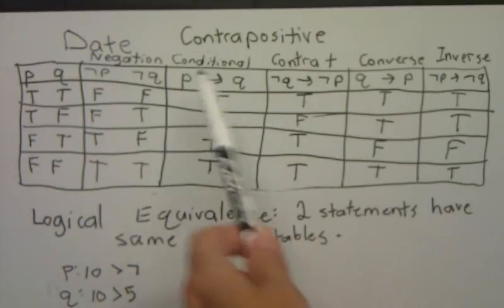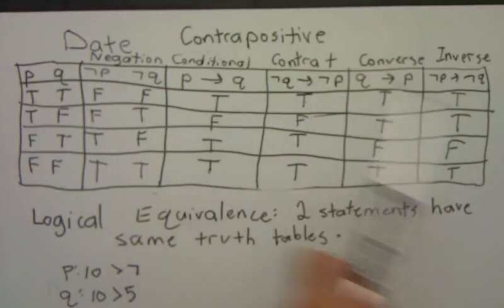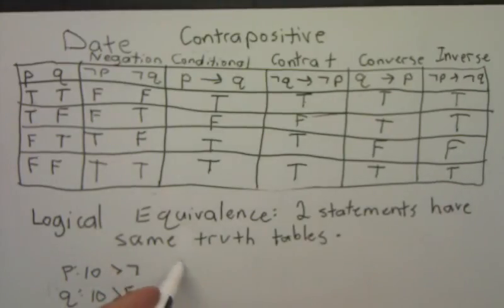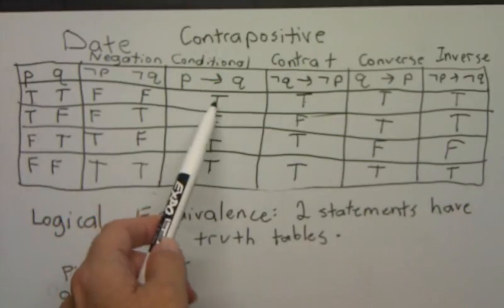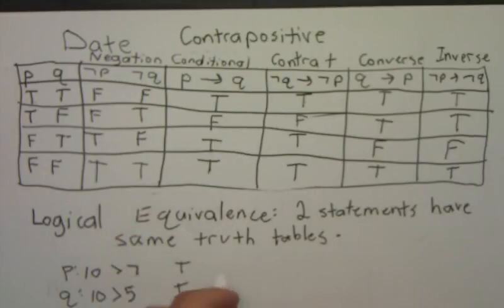Now I want you to determine the conditional for me. Let's see how we did. Is 10 greater than 7? Yes, it is. Is 10 greater than 5? Yes, it is. So on my conditional, if I have two true statements, my conditional is true. So number 1, you should have come up with true.